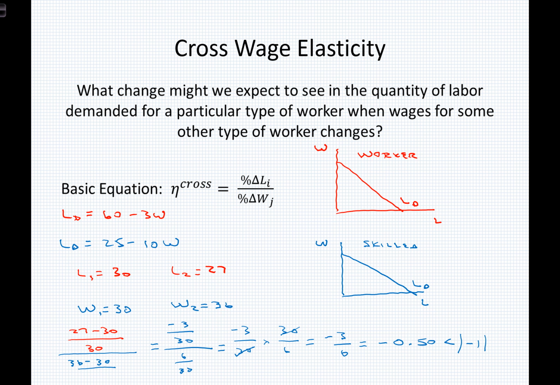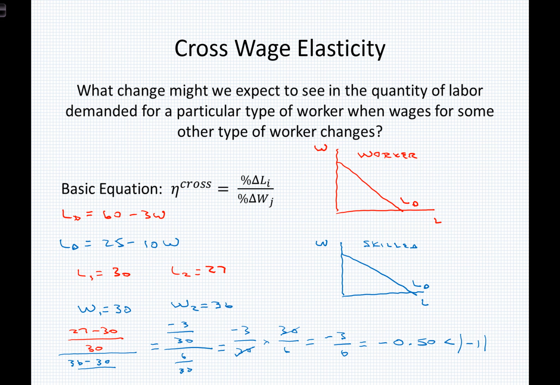So we would say that this is inelastic, which is simply suggesting to us that as the wage for a skilled worker, in this case higher wages, is increasing, it's going to bring about an even lesser proportionate decrease in the number of unskilled workers that we have in the economy.